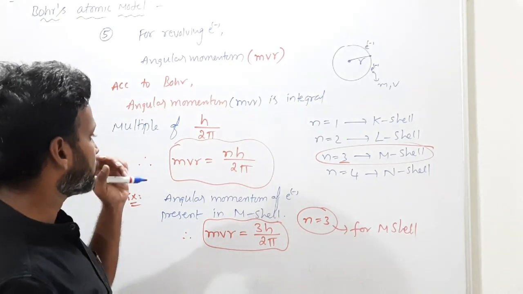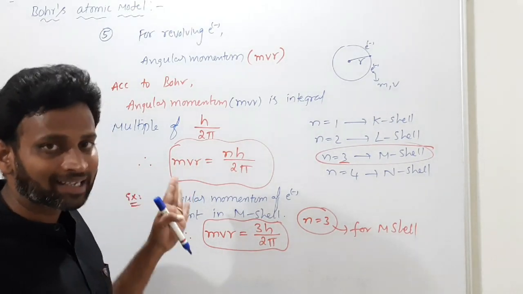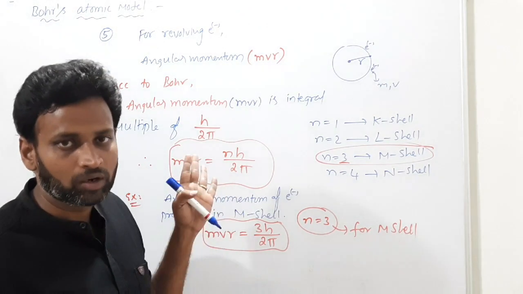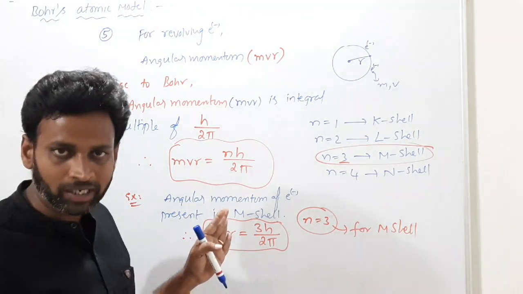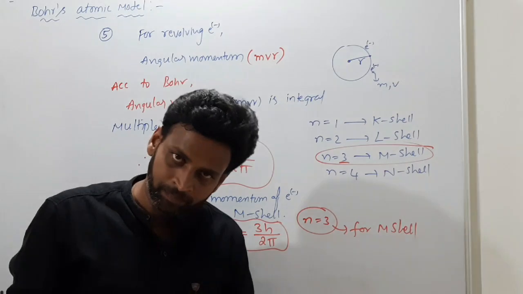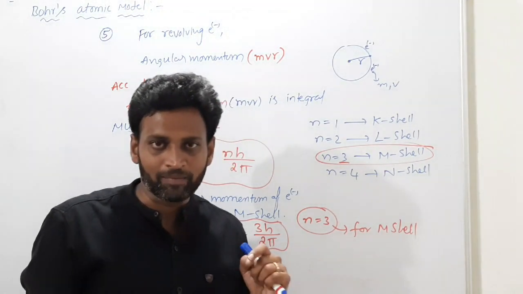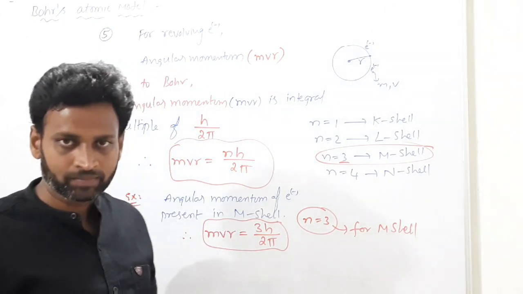Got it clearly? So the angular momentum of a revolving electron was given by Bohr. If an electron is revolving in a certain orbit, the angular momentum MVR is an integral multiple of h by 2 pi.